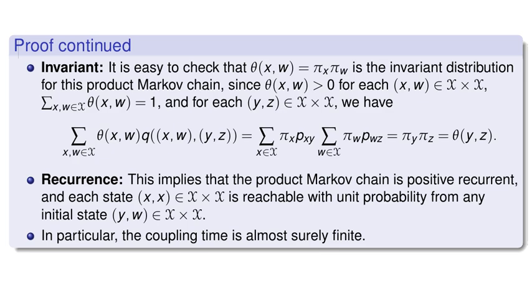In particular, this means that the coupling time τ, which is the first time the product chain hits a state in the diagonal set, is almost surely finite.